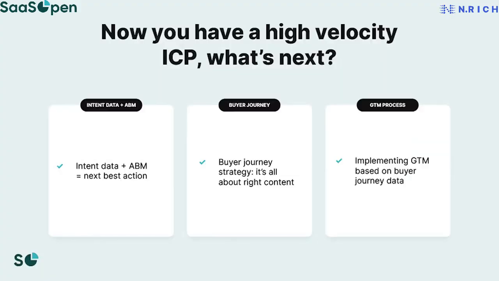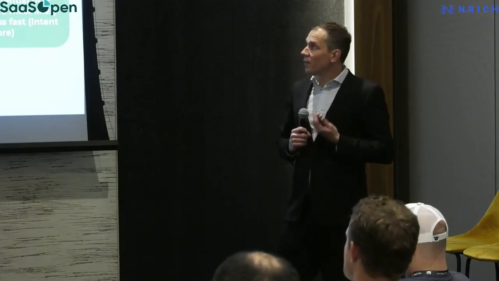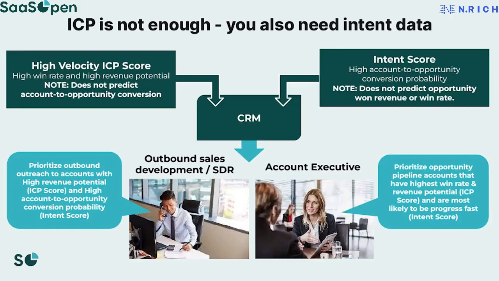Right. Then going to the next section of the presentation. This is about intent data. What do you do after you have your ICP defined? A very common mistake we see is that ICP is mistaken to be intent data, and on the other hand, that intent data is mistaken to be ICP. So it's important that you need both of these.